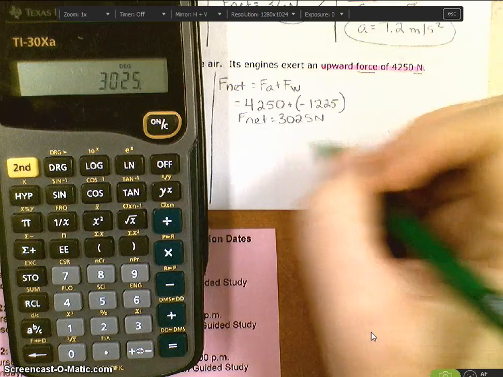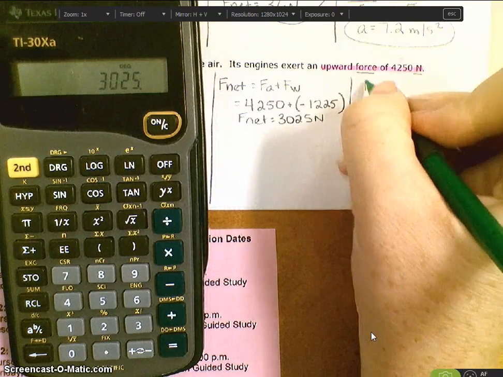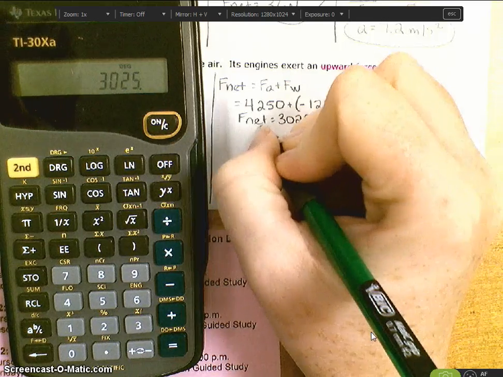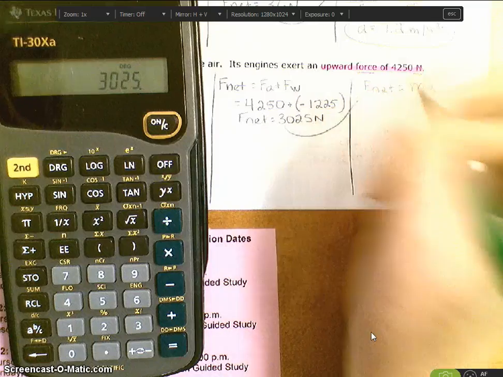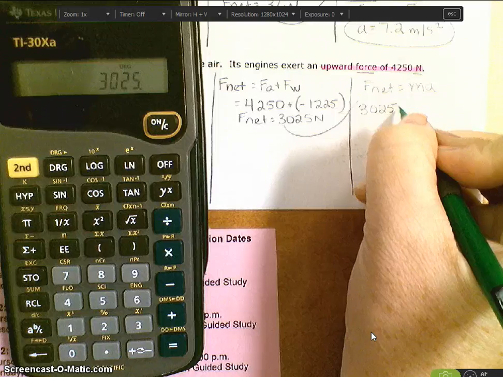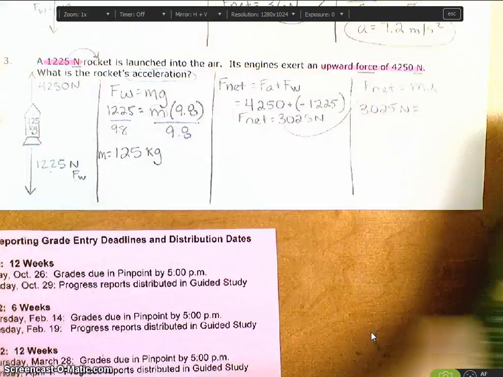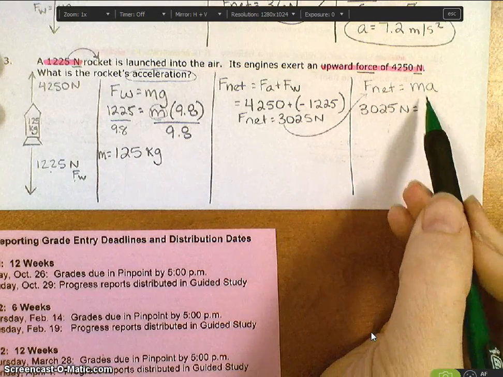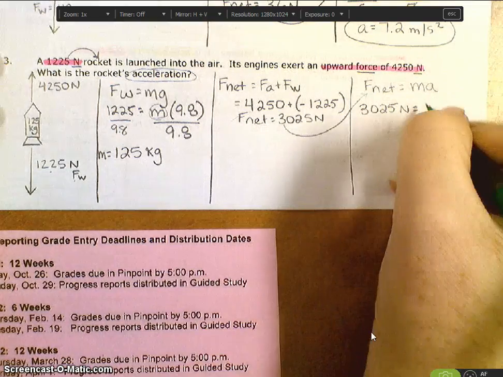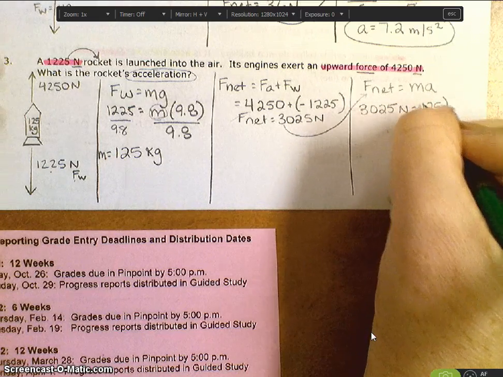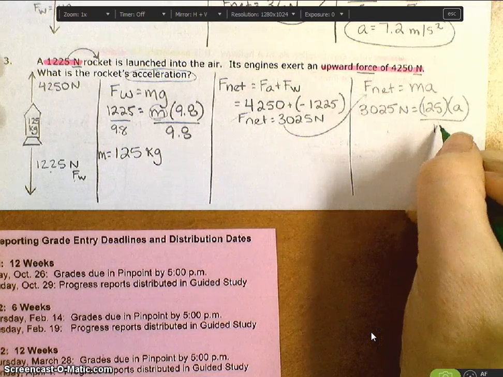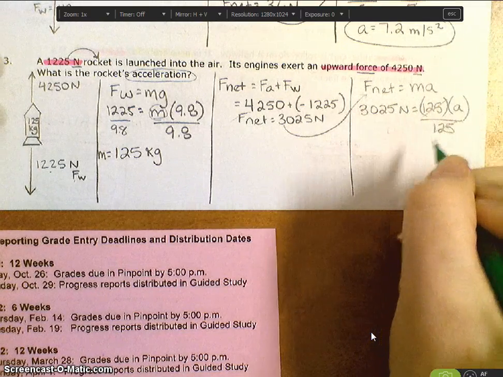And again, that number is going to get plugged right in to the next F-net equation, MA. So I take this, put it in right there. 3025 equals, and again, I need to know that mass, so it's helpful that I identified it right here. 125 kilograms times A. Again, anytime we multiply, we get rid of that number by dividing.